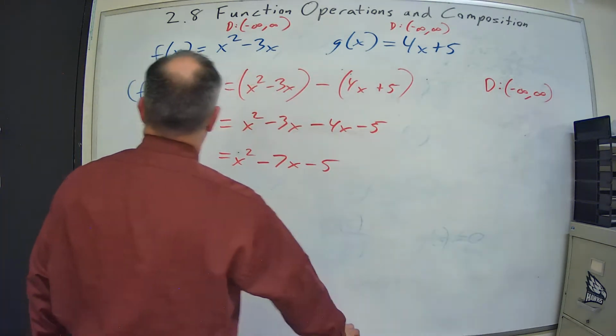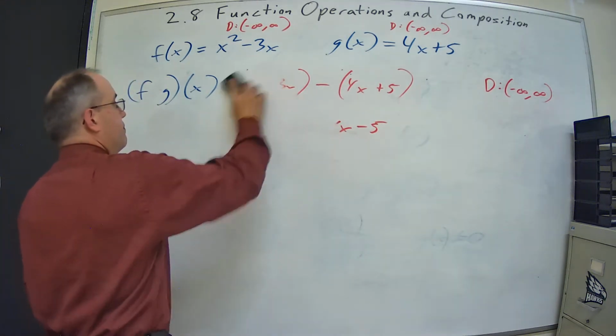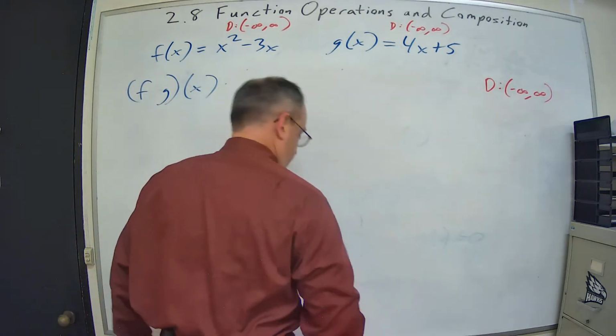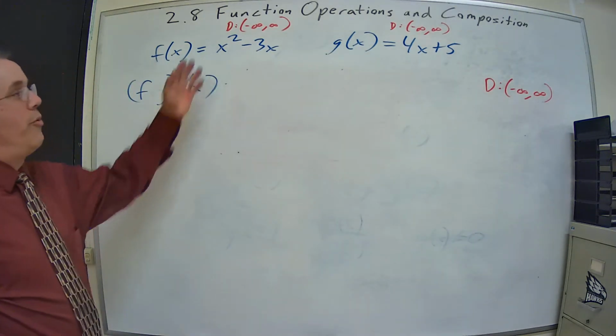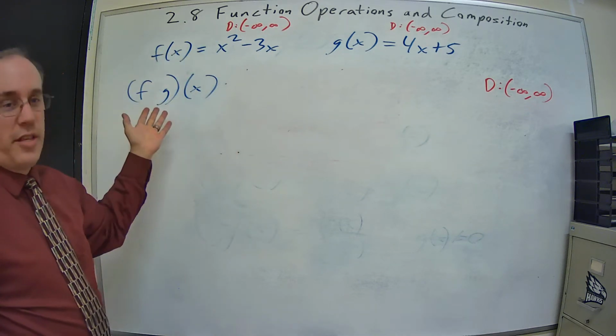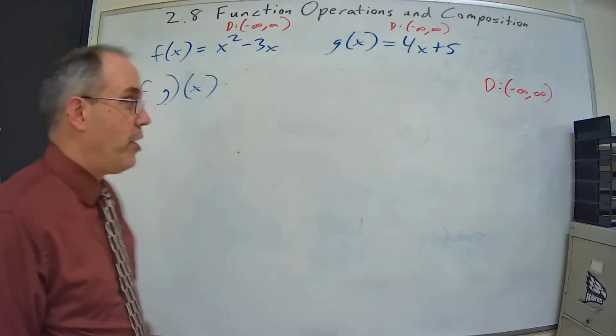Let's multiply them. Again, no restriction on the domain, therefore, because it's the intersection of those two domains, so therefore, the domain is all real numbers.